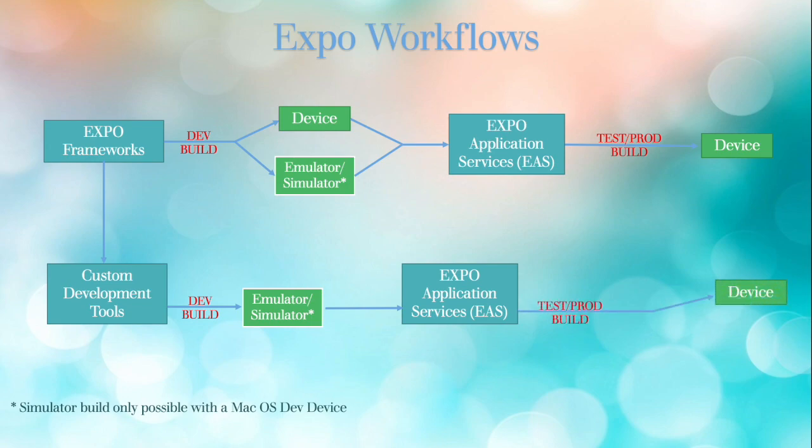However, as you can see, there is no device builds available once you add the custom dev clients. Your only option is to use EAS for all phases of the app development. If you use a Windows computer, with introduction of custom dev clients, your only choice is to go the EAS path, as the iOS simulator will not be available to you.